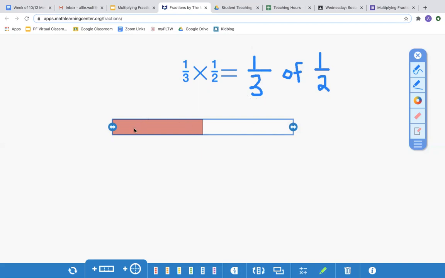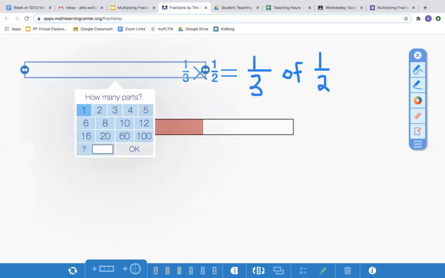So we want to break off this red half into 3 parts. But we can't just break this one red half into 3 parts. We also need to break the other blank half side into 3 parts. So how many total equal parts would we have? We have 3 on this side plus 3 on that side. If you said 6, that would be correct.